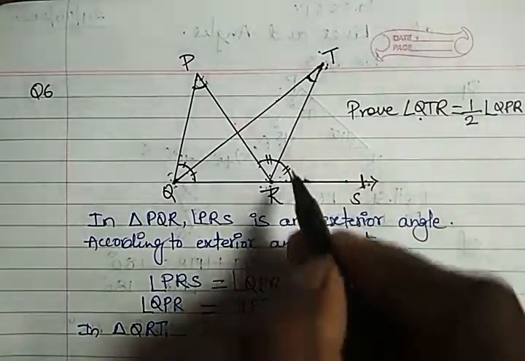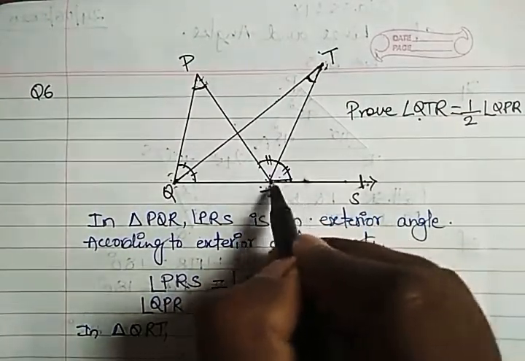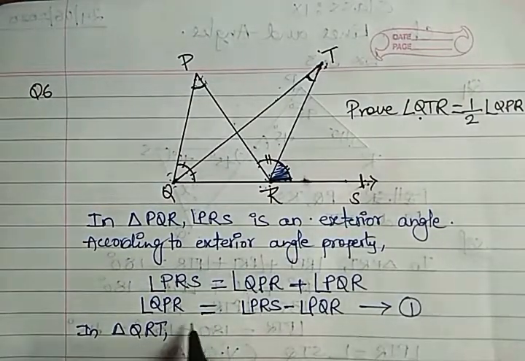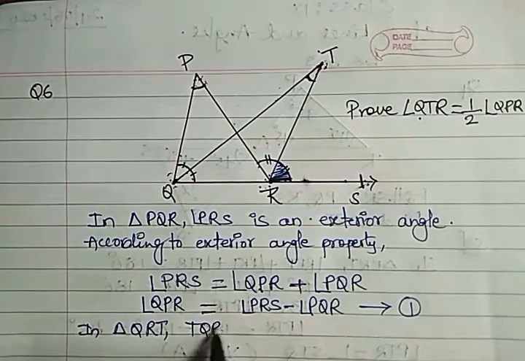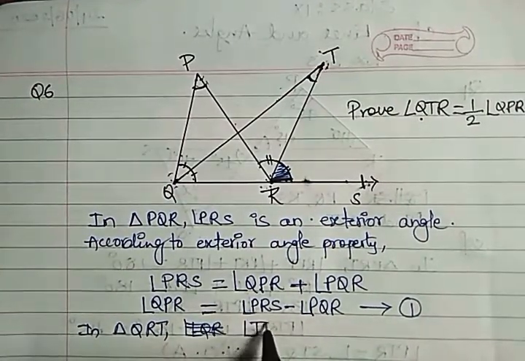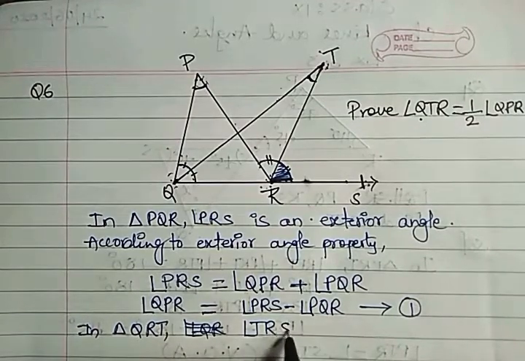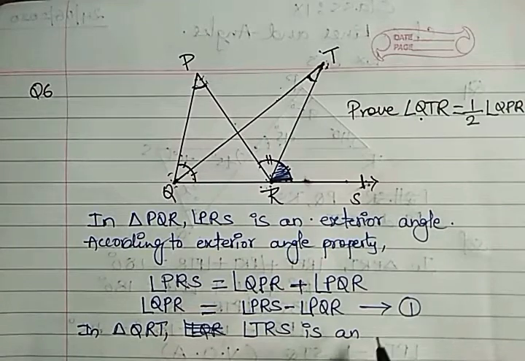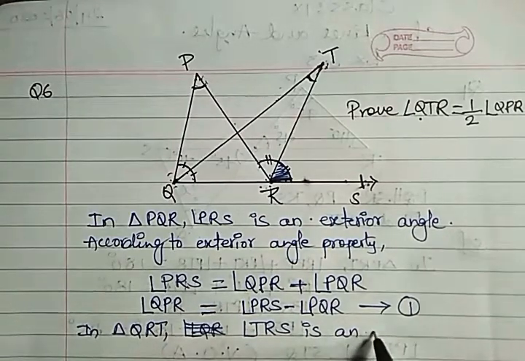For this triangle also we have an exterior angle, here. So we will write TQR. Angle TRS is an exterior angle, right? TRS is an exterior angle.